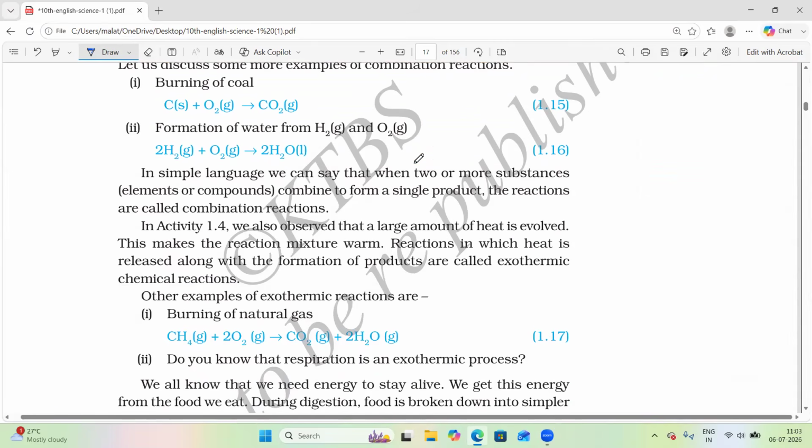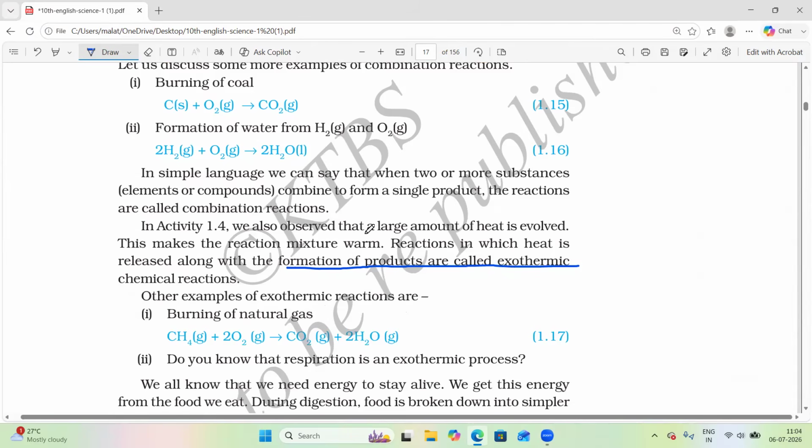Exothermic reactions are reactions in which heat is released along with the formation of products. That is, if two or more reactants combine to form a new product, and at that time there is a liberation of heat, that is called an exothermic reaction.